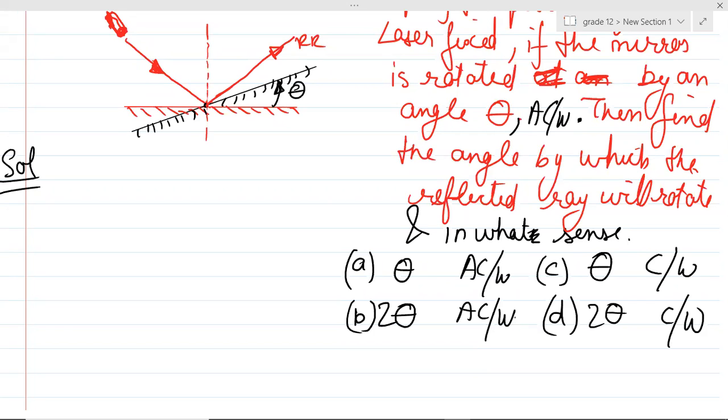So will it be B? 2 theta anti-clockwise, right? Yes, sir. That is the correct answer.